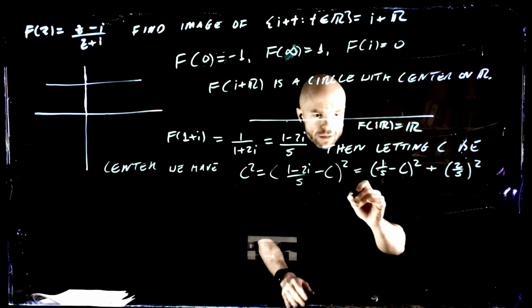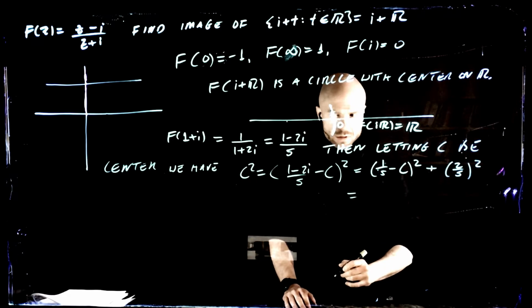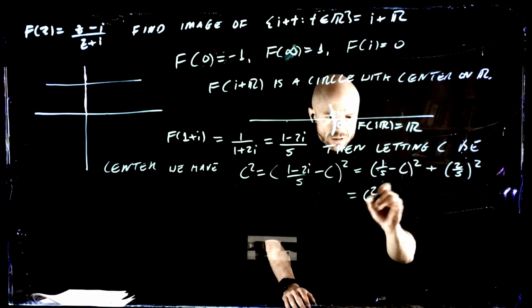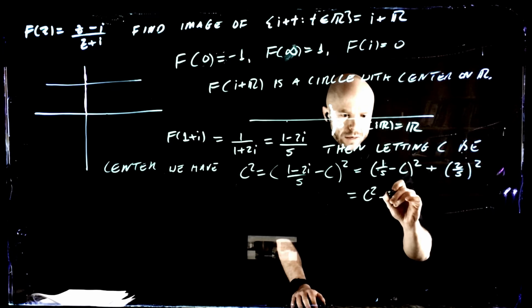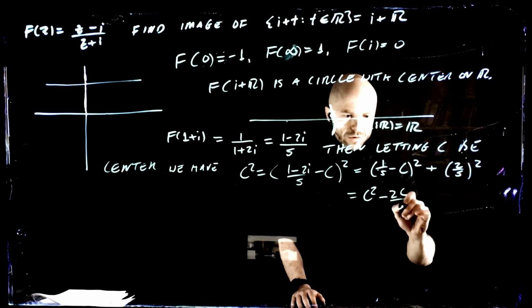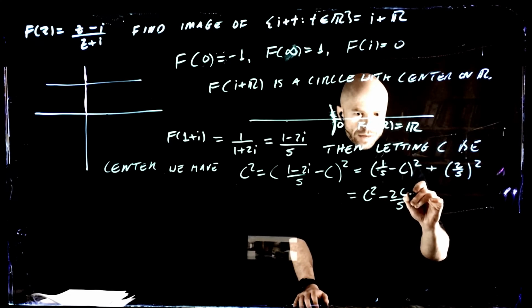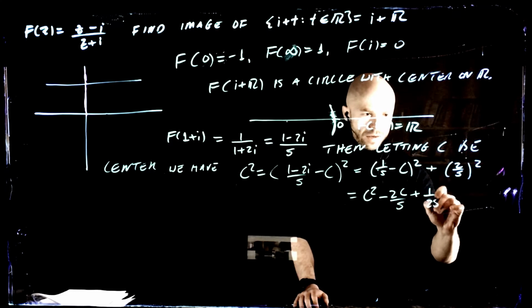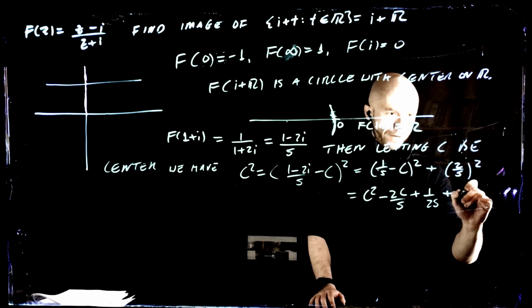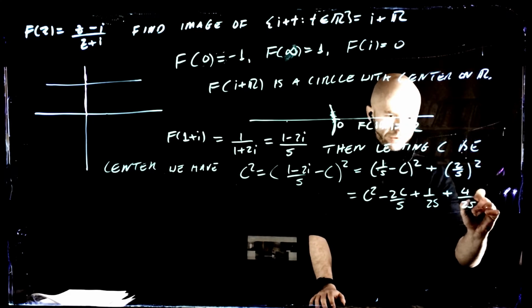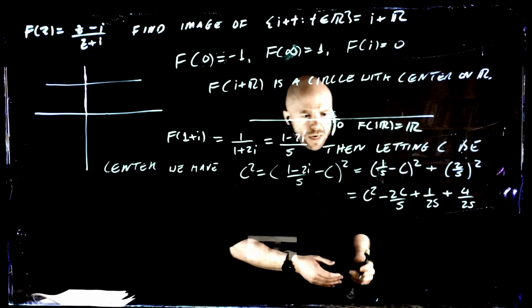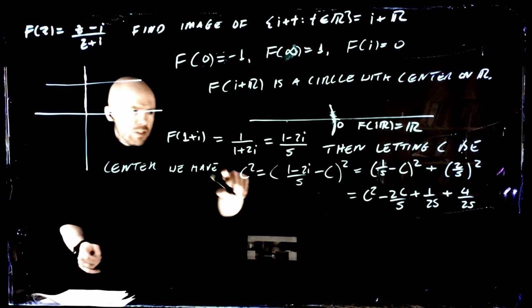And what we're looking at is a nice quadratic equation in terms of c, right? So then we're going to have c squared, we are going to have minus 2c over 5, and then plus 1 over 25. And then this thing is going to be 4 over 25, right? And then the c squared cancel.